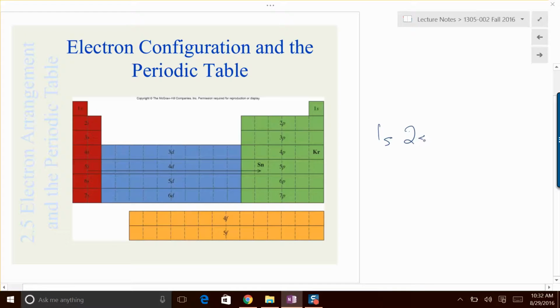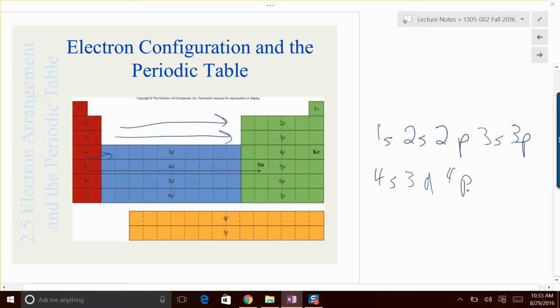1s, 2s, 2p. We're just following our periodic table. 3s, 3p, 4s, 3d, 4p, 5s, 4d, 5p, 6s.